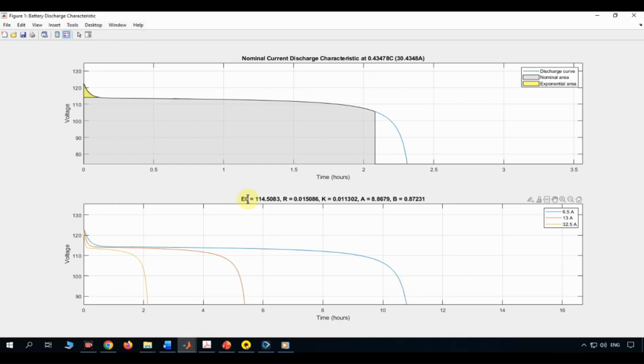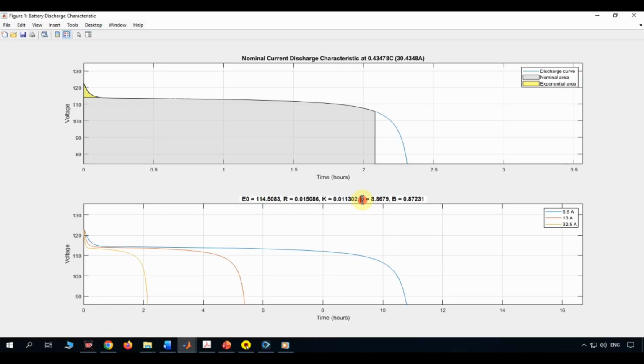And along the top of this plot, Simulink prints out the underlying model coefficients it fit to produce these curves. E0 equals 114.5083, the fully charged open circuit voltage constant. R equals 0.015086, our internal resistance. K equals 0.011302, the polarization constant controlling the curve slope.